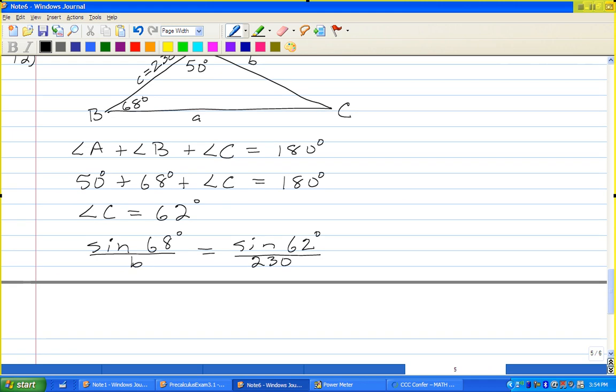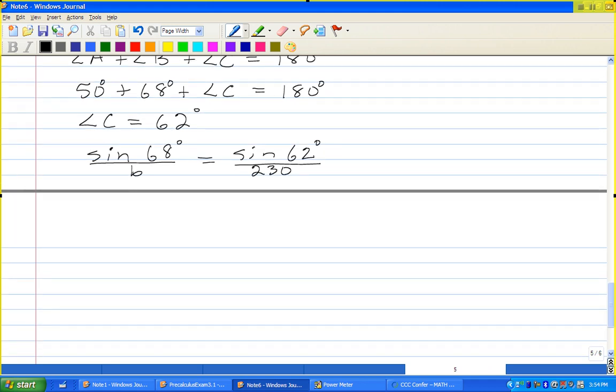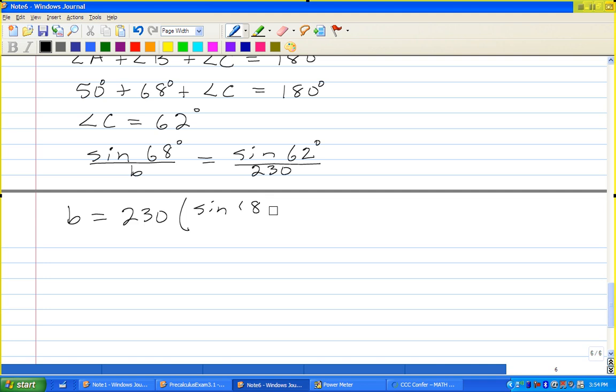Okay, so from there, I get b is equal to 230 times the sine of 68 degrees over the sine of 62 degrees. Okay?